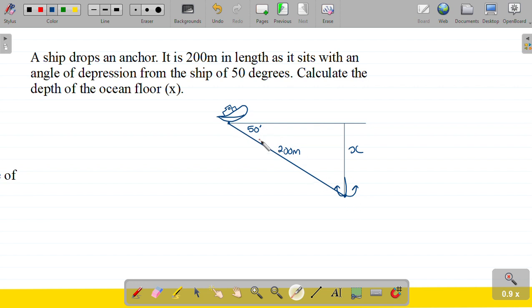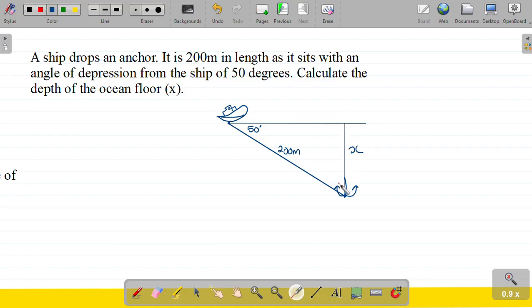And remember, it's an angle of depression. And then it's asking, calculate the depth of the ocean floor. So we know that the anchor has gone all the way to the bottom of the seabed. And if we want to know the depth of the sea from the level of the sea down to the seabed, we can just calculate this length over here, which is considered x.